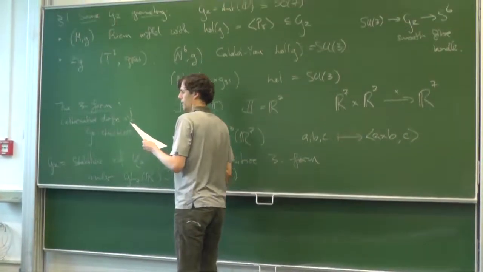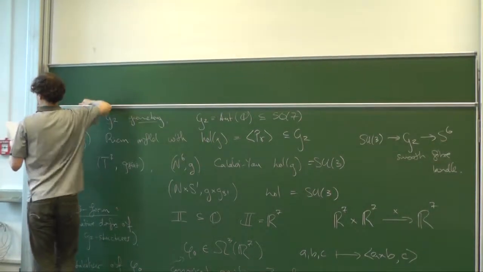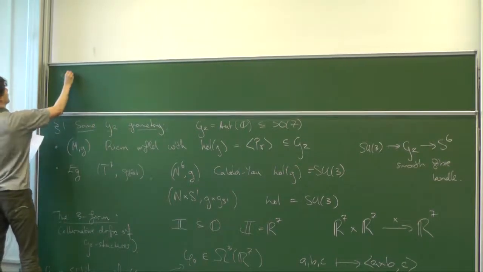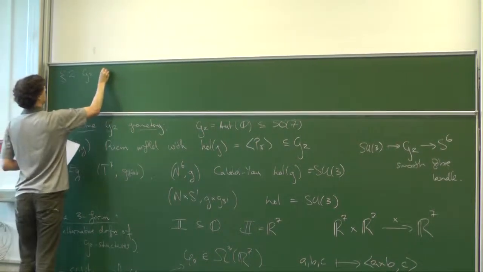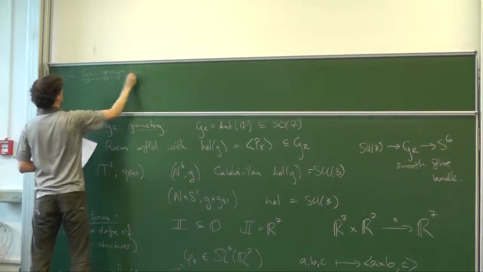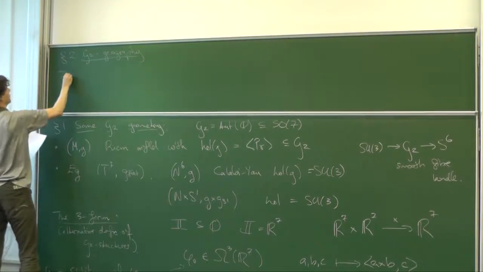So now I'm just going to do a little bit of G2 geography and tell you what's known about these sorts of manifolds. I'll write this as a long theorem.